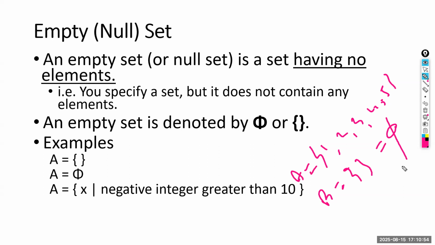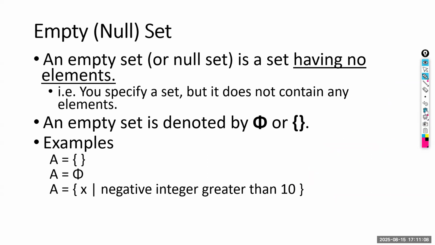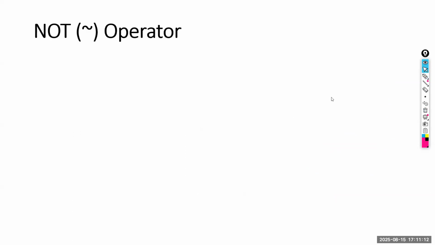And later you will find that whatever the rules available for sets which involve empty set, there will be a rule in logic and empty set will be replaced by false. It's a very interesting topic, very interesting subject. Right. So now we are into the set operations, of course, set operations and logic operations.